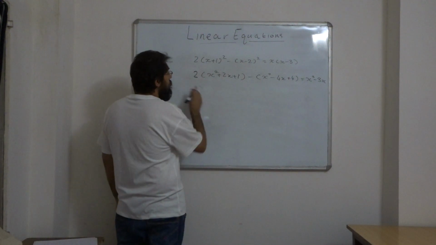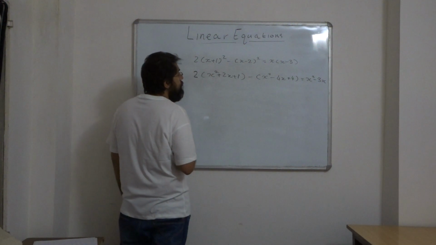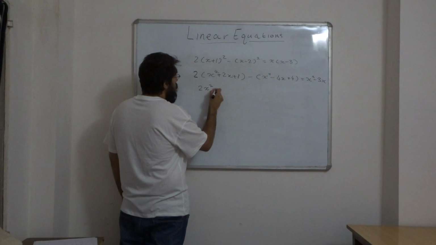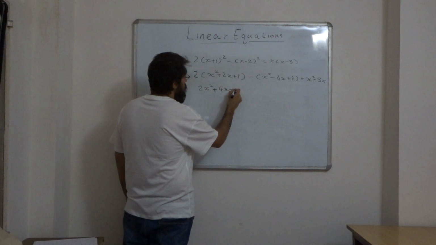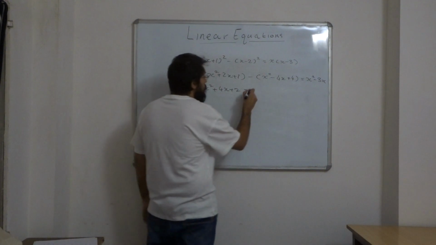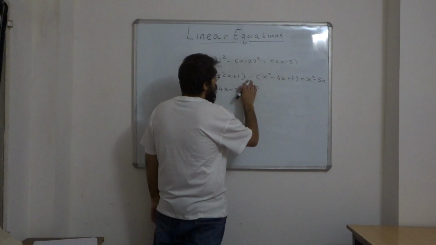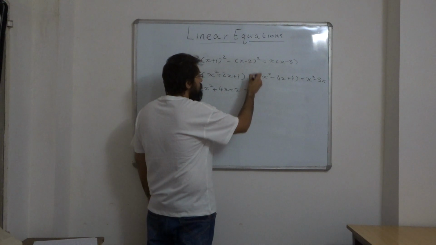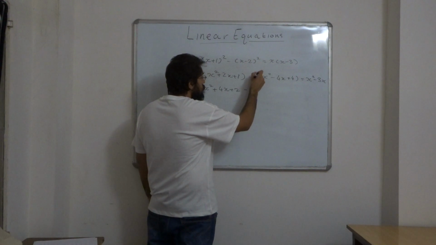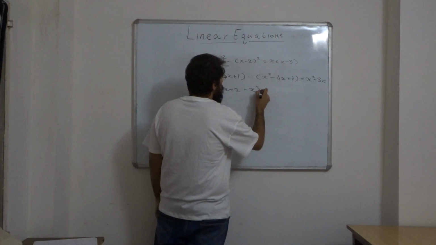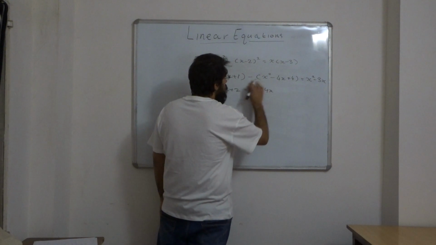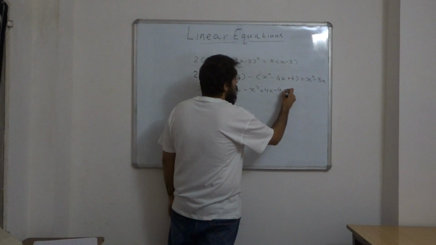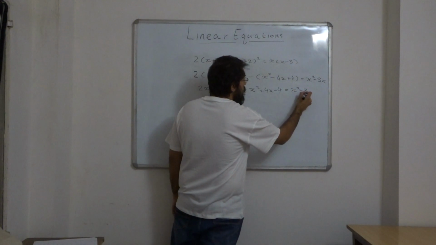So here, what do we get, guys? We multiply 2 by everything, so you get 2x squared plus 4x plus 2 minus x squared. Now, whenever there's a minus and there's no number, we assume the number to be 1. So you get negative x squared plus 4x, because negative and negative becomes positive, and then you have negative 4, which equals x squared minus 3x.